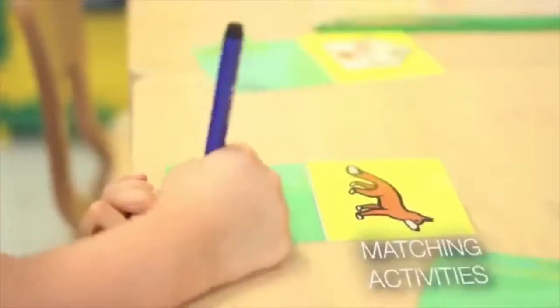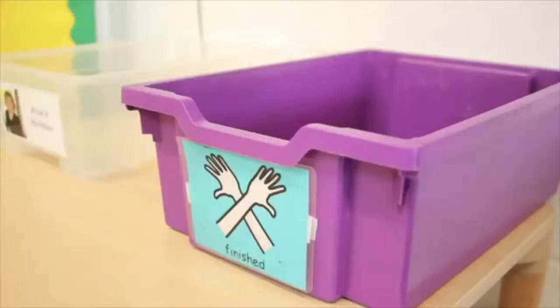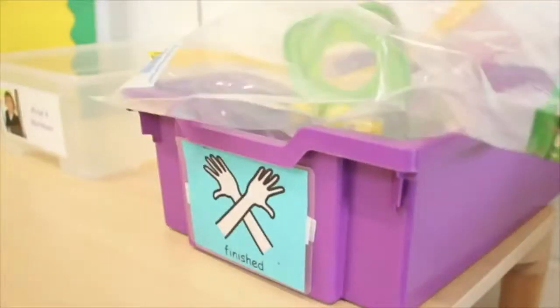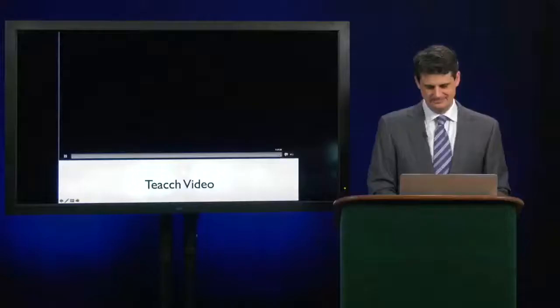We also work on matching activities, fine motor skills, and lots more. Once the work is finished, we put it in the finish box. I learnt the idea of finish by using my finish box. When I am done, I get my reward.